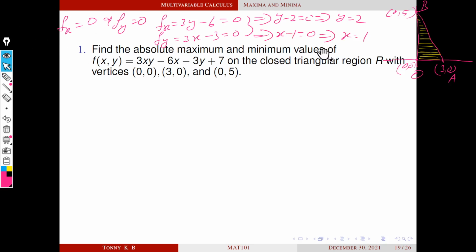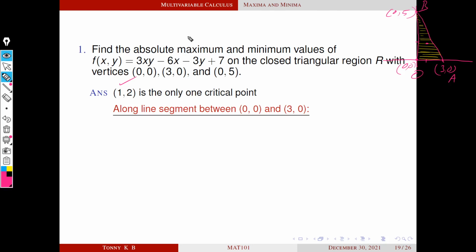Whatever the domain, this function has only one critical point, that is (1,2). It is clear that (1,2) is inside this triangular region, because 1 is somewhere here, 2 is somewhere here. So (1,2) lies interior to region R. This point is from our step 1.